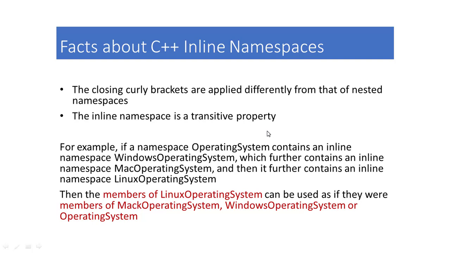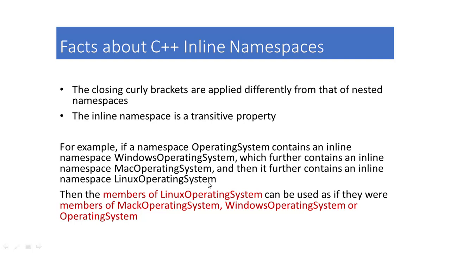What that means is, for example, if a namespace operating system contains an inline namespace, Windows operating system, which further contains an inline namespace, Mac operating system, and then it further contains an inline namespace, Linux operating system.